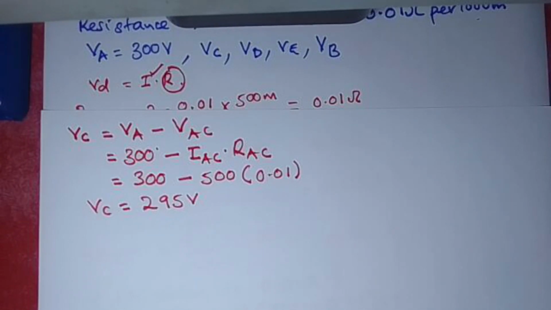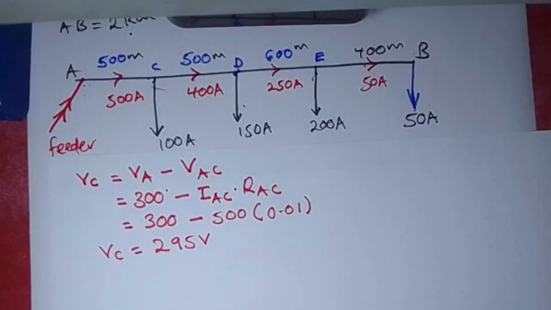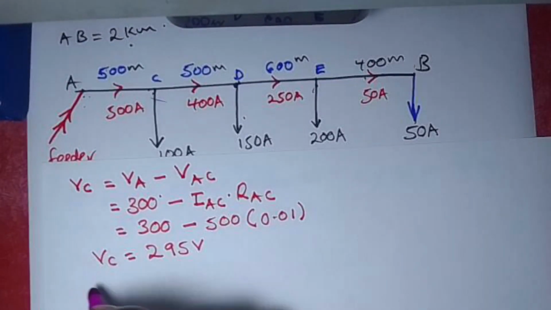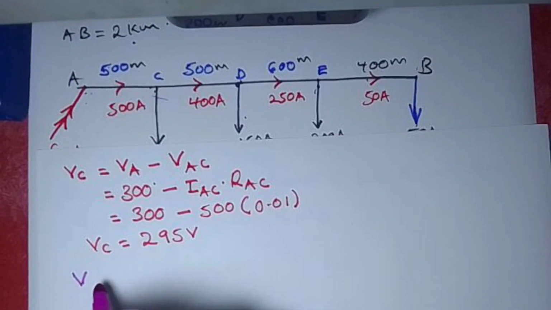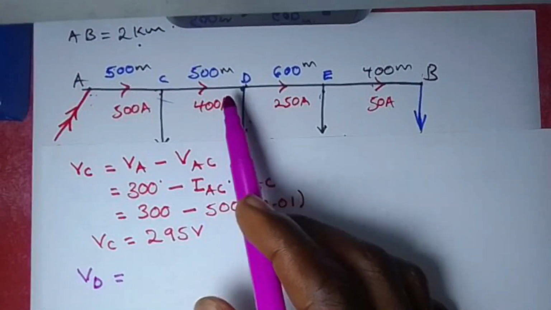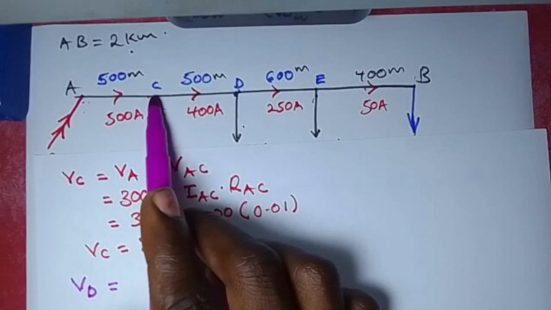So proceeding on, let us calculate for the voltage at point D. So similarly, the voltage at point D is going to be equal to, now we shall always get the previous voltage, which is VC.